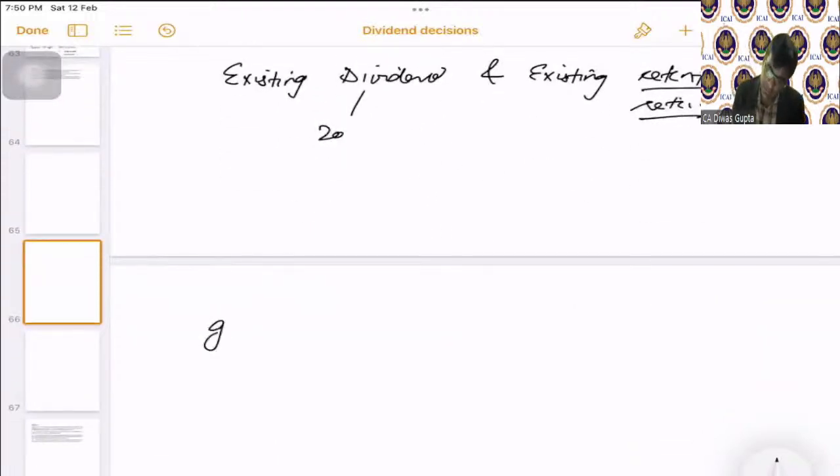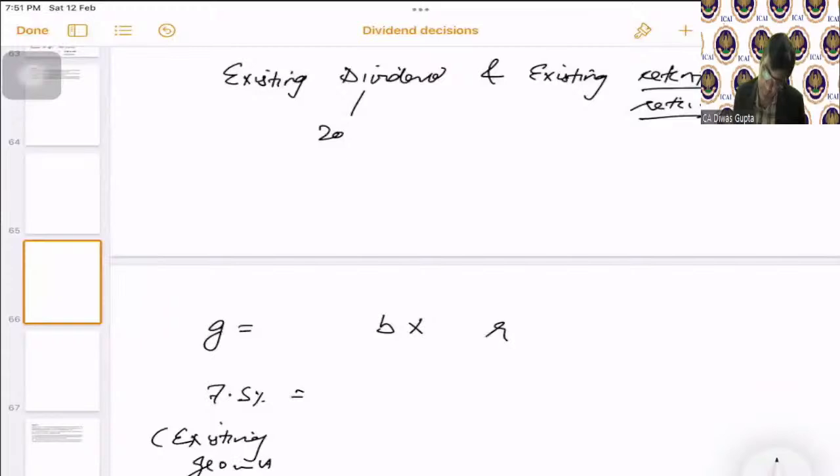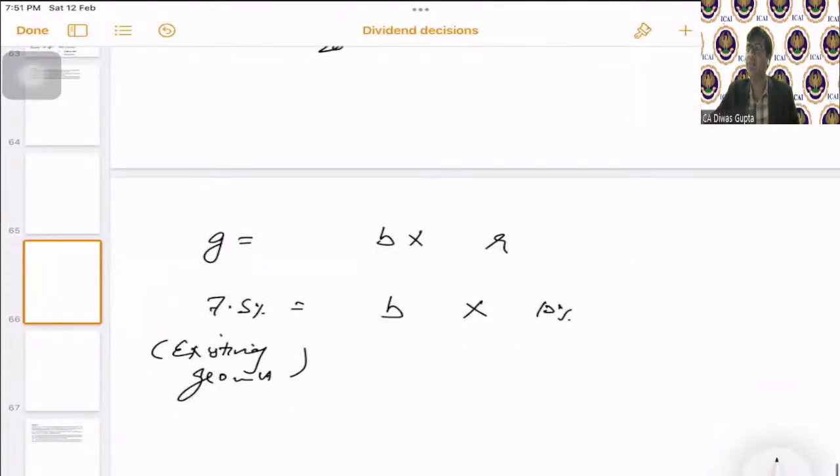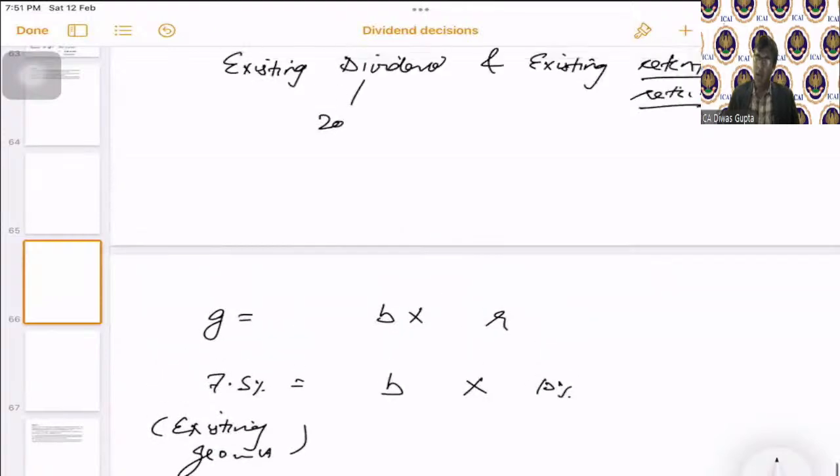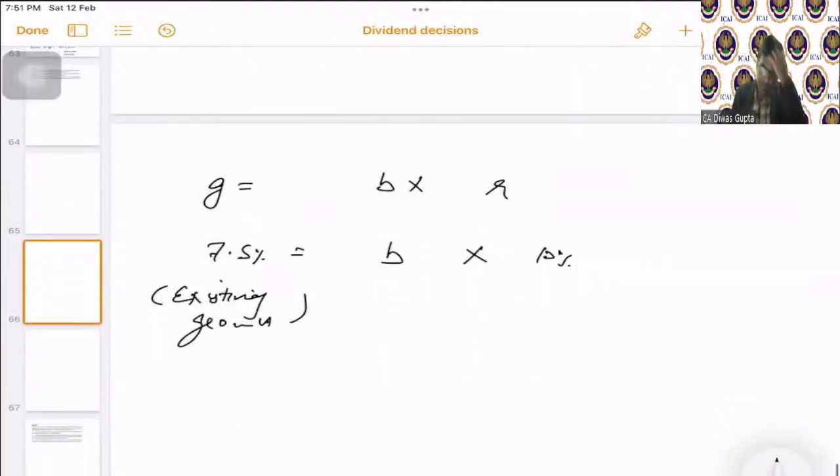Yes. Again, we will use the formula, this 7.5% is the existing growth. B is what we have to calculate, and R is already given as 10% in the question. I hope, students, this point is clear. Now, using this, we have calculated the existing ratio is 75%. 7.5 divided by 10% becomes 75%.